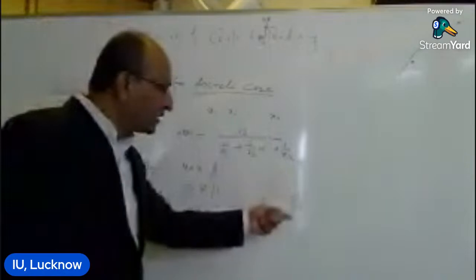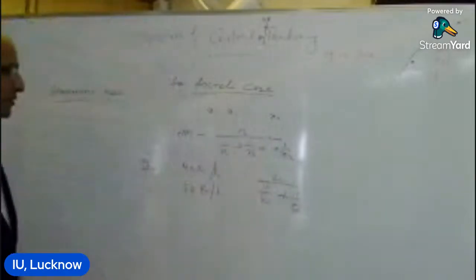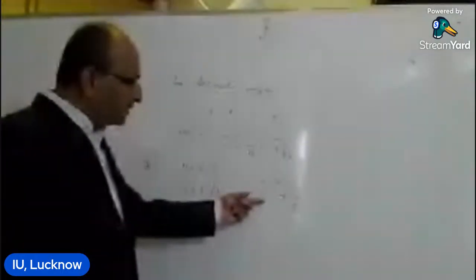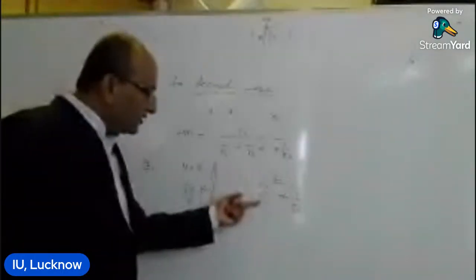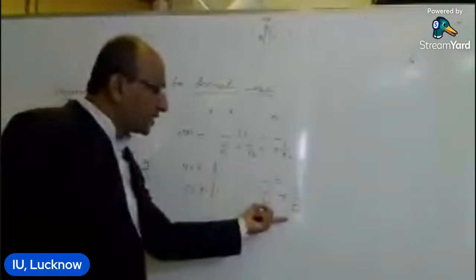Suppose we have taken the distance as 1 kilometer. Then 1 divided by 40 means distance divided by speed, that is the time. So total distance divided by total time will give you the average speed.